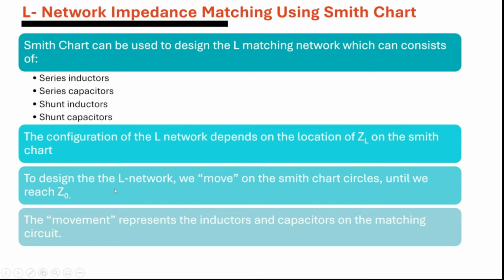To design the L network, we move along the Smith chart circles and arcs until we reach the point Z naught, or the point where Z is 1 and Y is 1 on the Smith chart. The movement that we do represents the inductors and capacitors in our matching circuit.